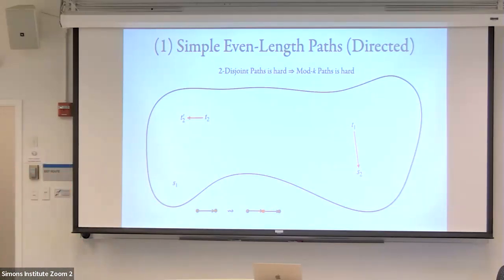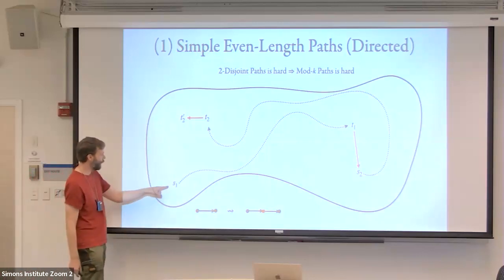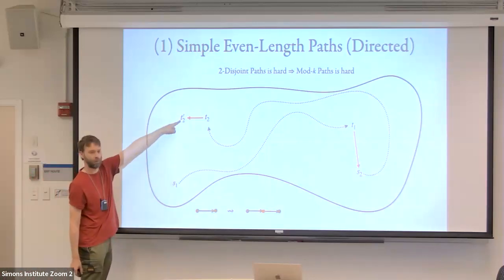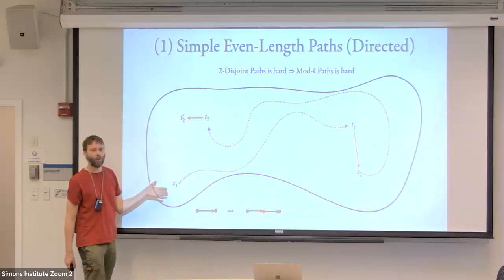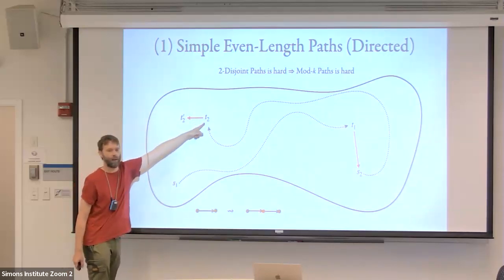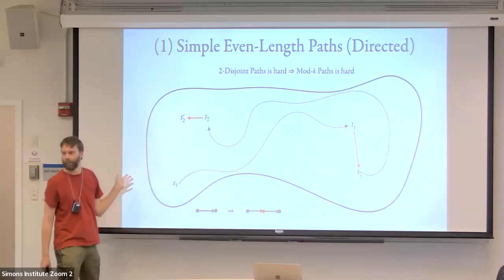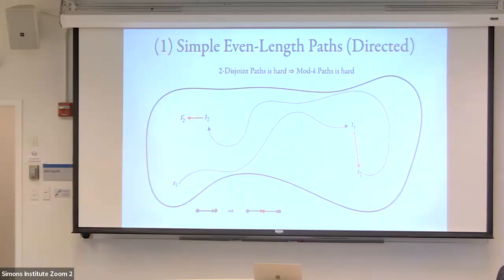And now you have these two node disjoint paths if and only if there is a path of even length from this node to this node. And this construction works for all modulos. You can just attach a slightly longer path here and you're fine. So that's a very simple proof.